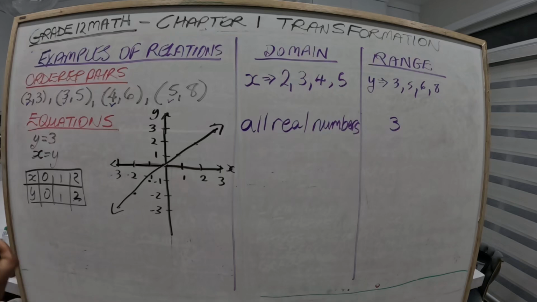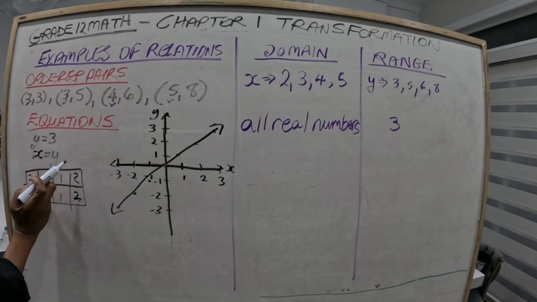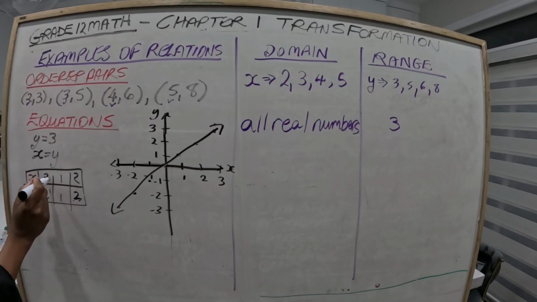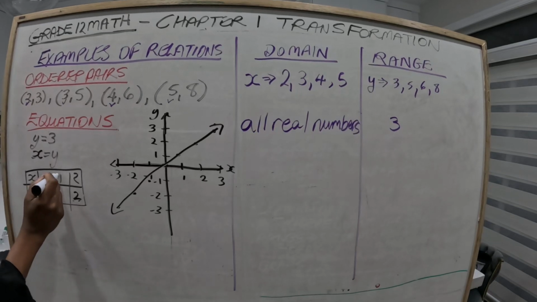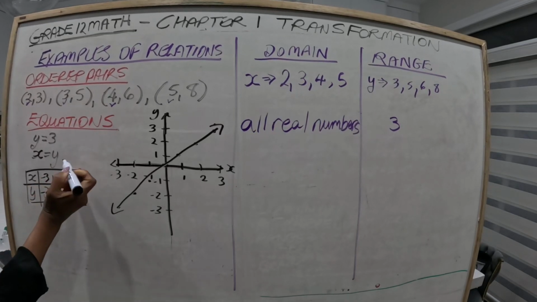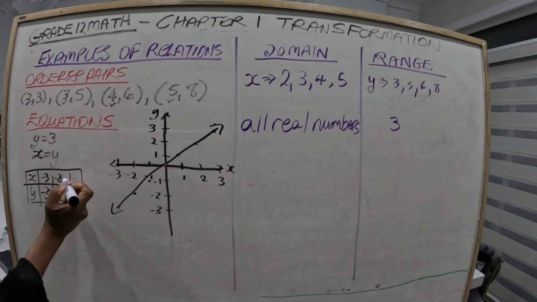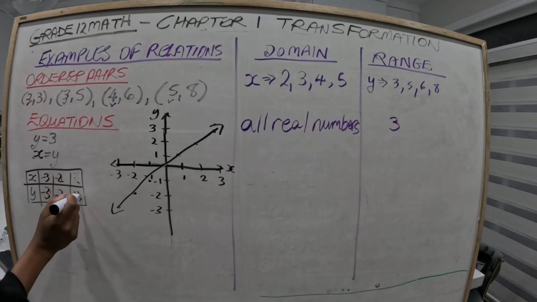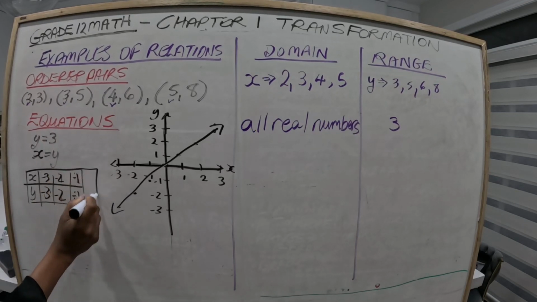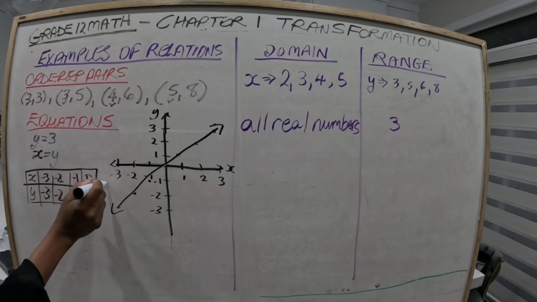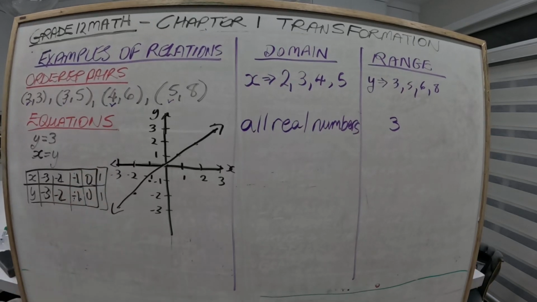And if you're going in the opposite direction, it will be negative 3, negative 2, and then negative 1. And you continue 0, 0, 1, 1. Okay? And it goes to infinity. So that's what that means.